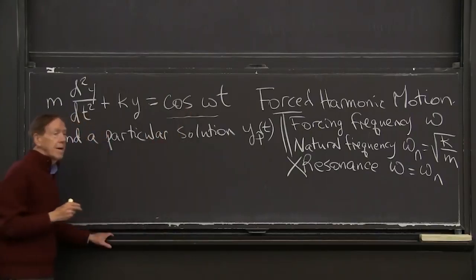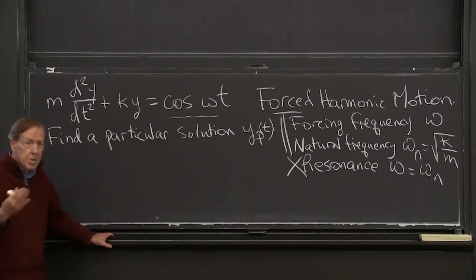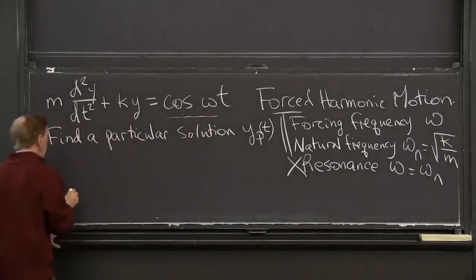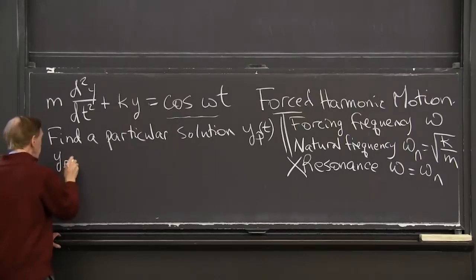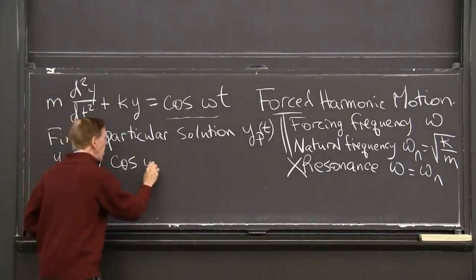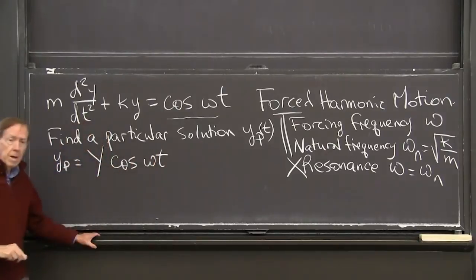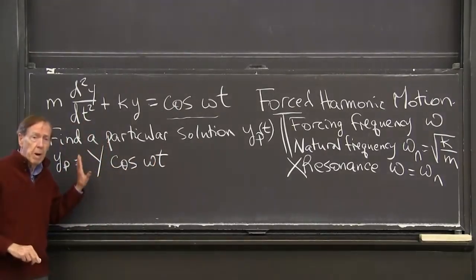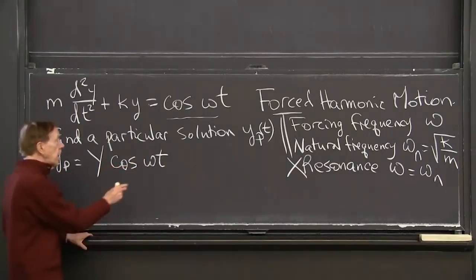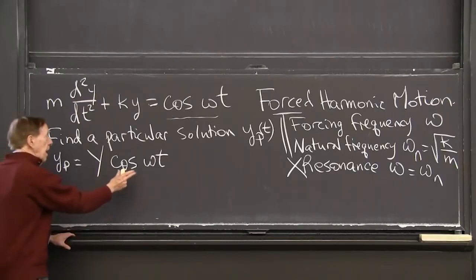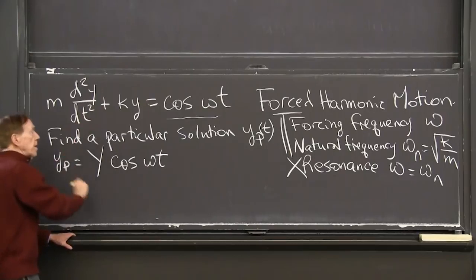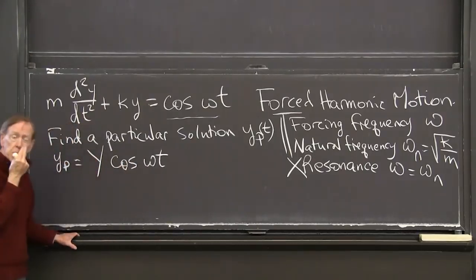That's a nice function, and also important in practice. So I would like to hope that the particular solution could be some multiple of that, cosine omega t. And in this problem, that's possible, because I've got a cosine on the right-hand side, and if that cosine comes to the left side, the second derivative of the cosine is again a cosine.